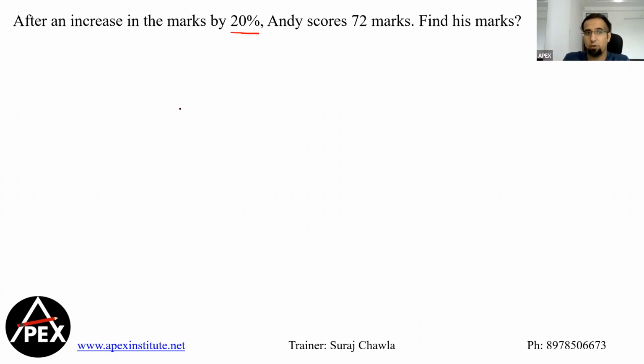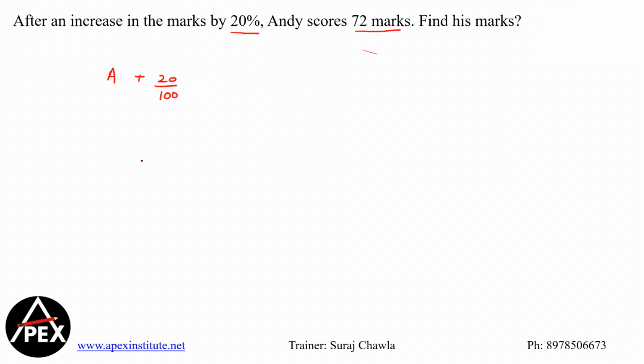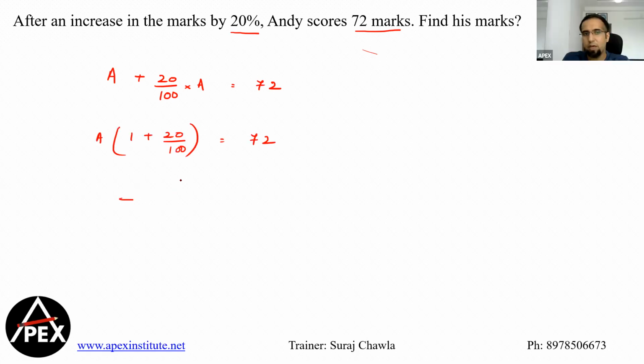I'll connect to multiplying factor, okay? Andy scores 72 marks, which means whatever Andy had scored earlier, he increased 20% of his earlier marks. And now Andy scored 72. Okay. So if I take A as my common factor here, this becomes 1 plus 20 by 100 is equal to 72. Or you can take LCM as 100. This becomes 100 plus 20 of A is equal to 72. Clear, guys? So this you can solve and get the answer.